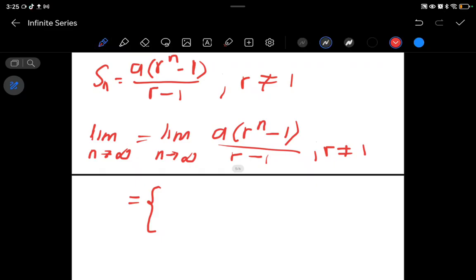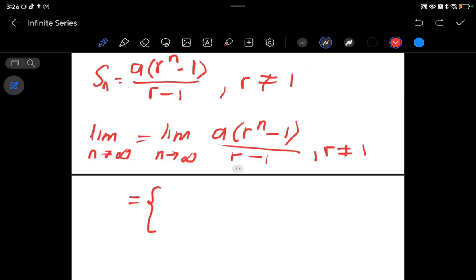So if I have r being less than 1, the question is what will happen? Let's say r is less than 1. What do you think will happen? Anyone? If r is less than 1, we're going to get a negative answer, right?